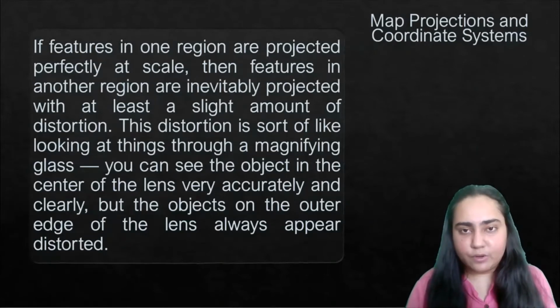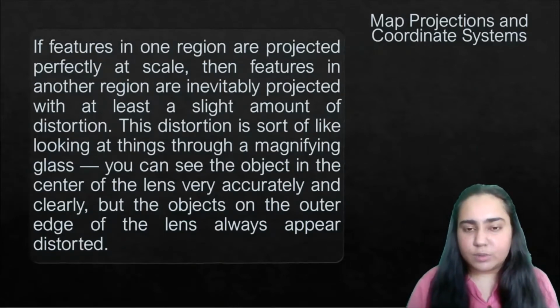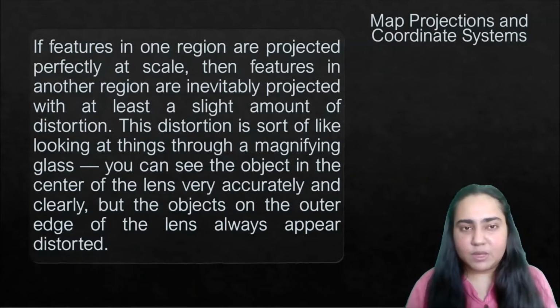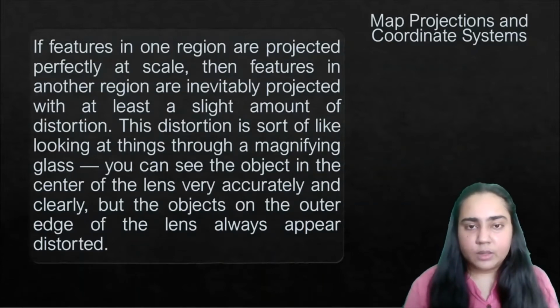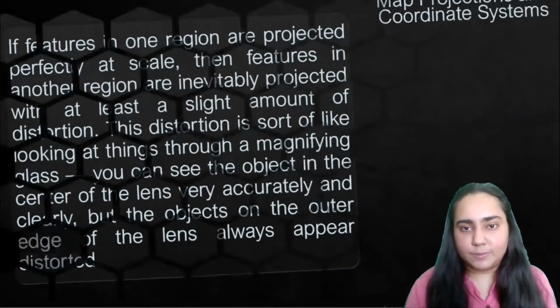But the coins that fall on the edge will be distorted. You might see them in a different shape, not a circular shape. So this is distortion, which is happening because one thing is very clear, and that's why the surrounding things are not clear.